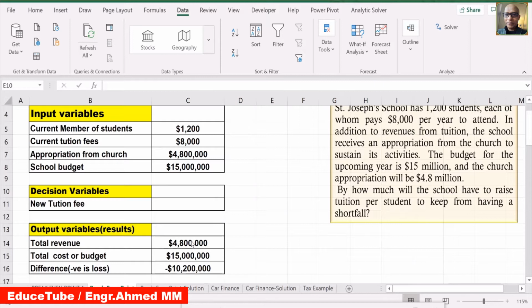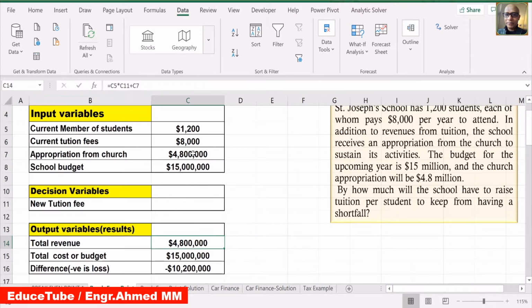We have to use a formula to get the total revenue. It will be the number of students multiplied by the new tuition fee, plus the appropriation from the church. C7 is the appropriation from the church, C5 is the current number of students, and C11 is the new tuition fee. So this is total revenue.